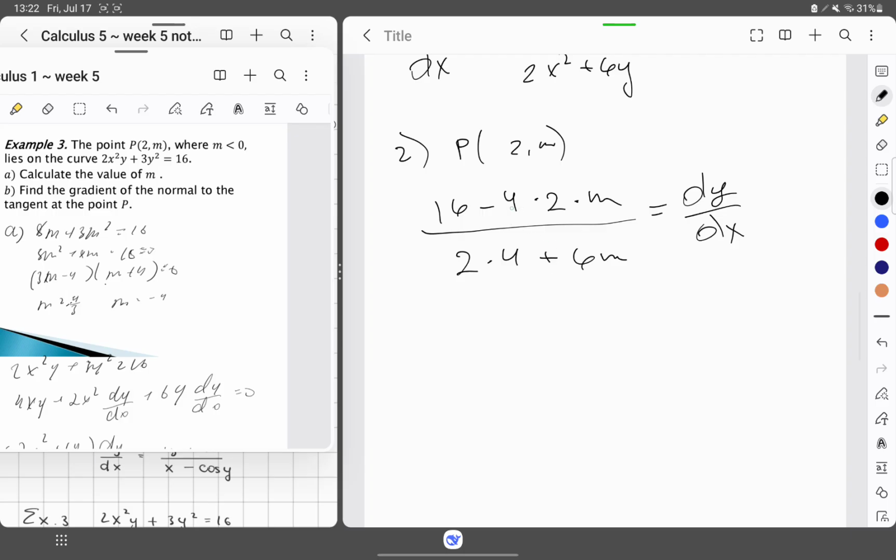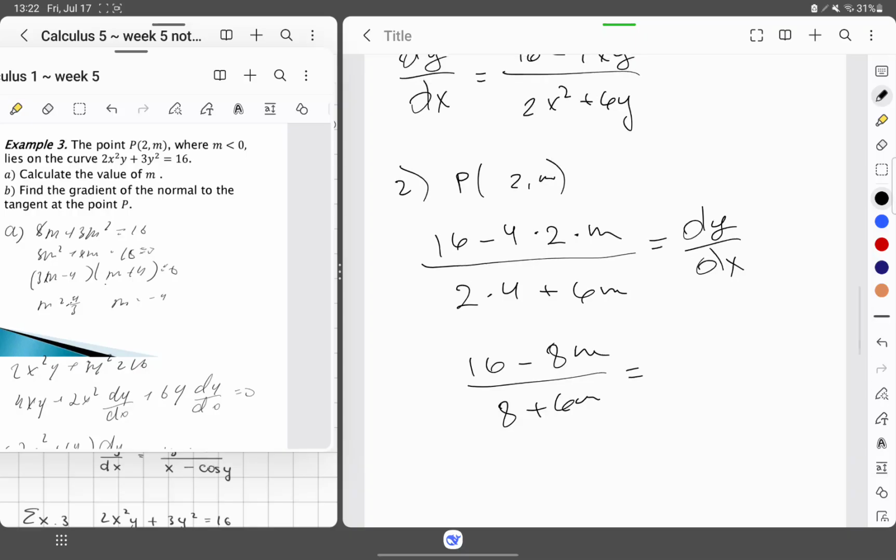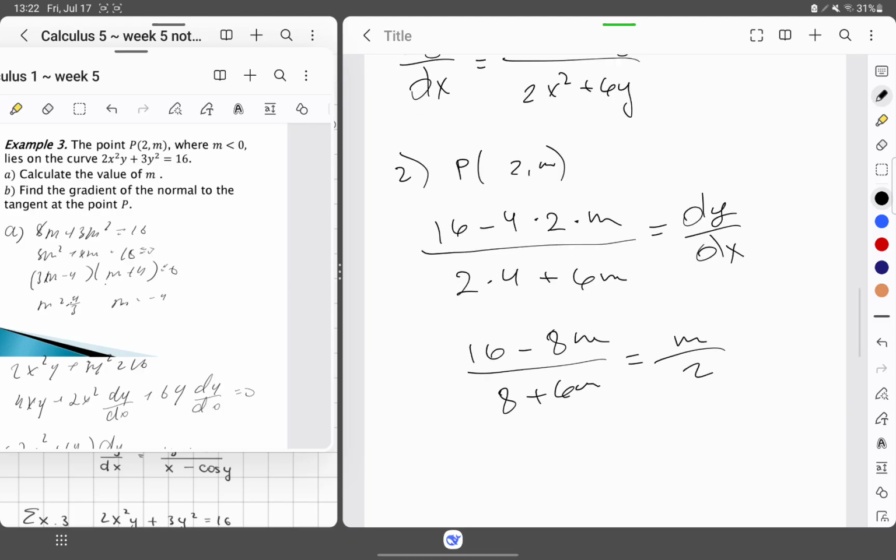So 16 minus 8m over 8 plus 6m will be dy over dx. Is it m over 2 or not? I don't know that exactly, but I think it's really wrong.